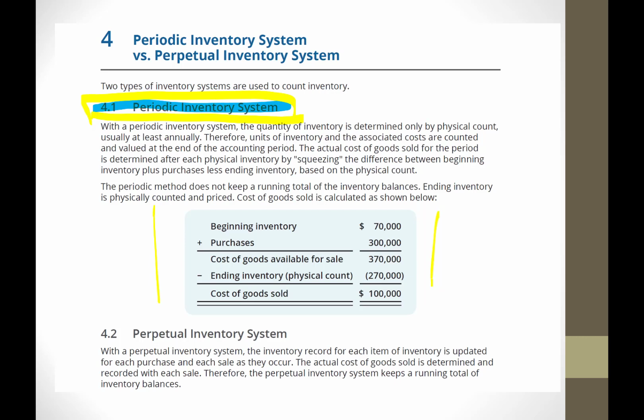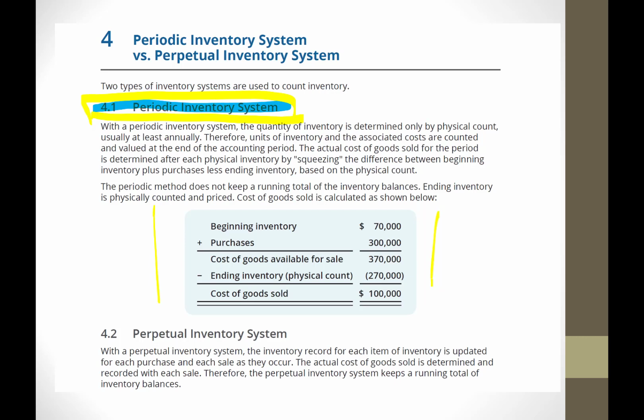Okay? So you need to know that you would take your beginning inventory plus purchases. How about freight in? If I gave you a problem that says, here's the purchases versus the freight in, now what are you going to do?